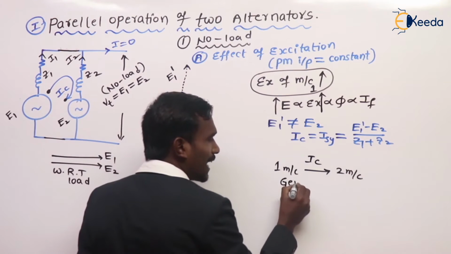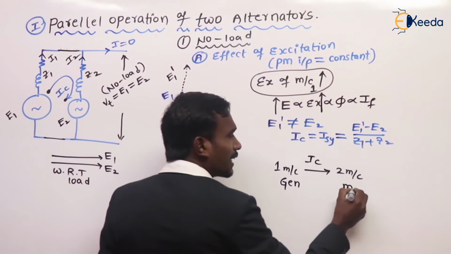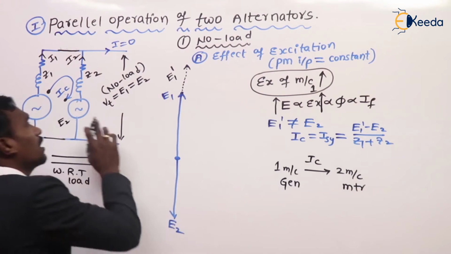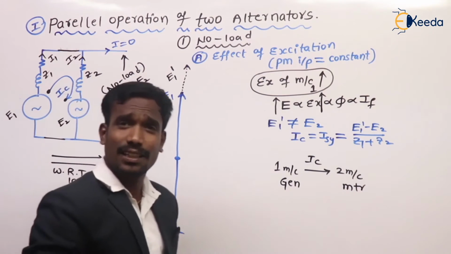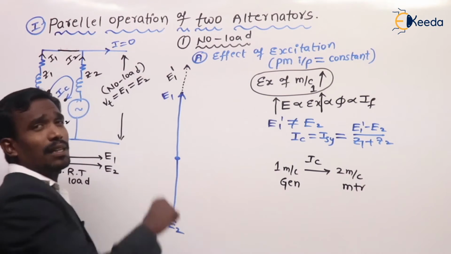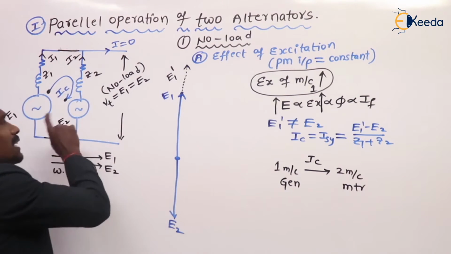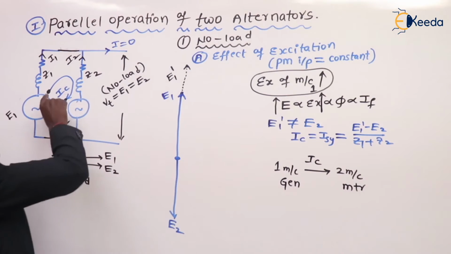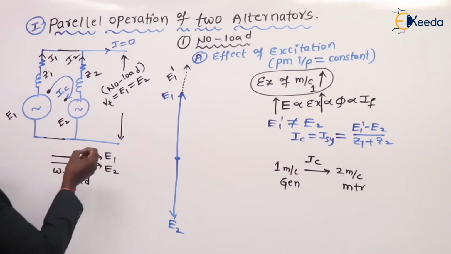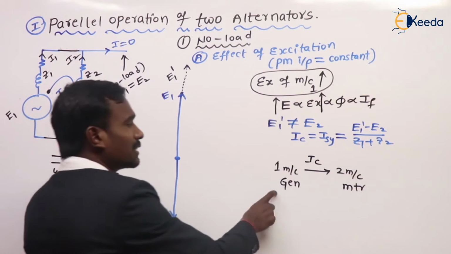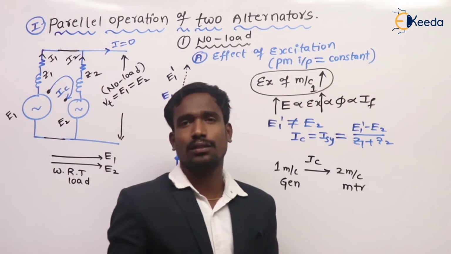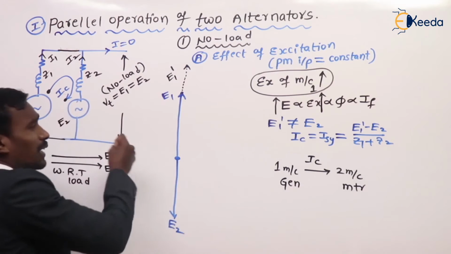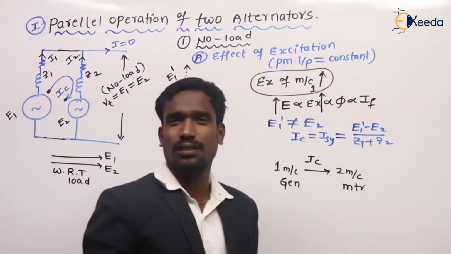The second machine acts as a motor with respect to each other, not with respect to the terminal. With respect to the terminal, both are generators only, but with respect to each other, one is delivering and one is observing. When it is a generator, it delivers. When it is a motor, it observes.